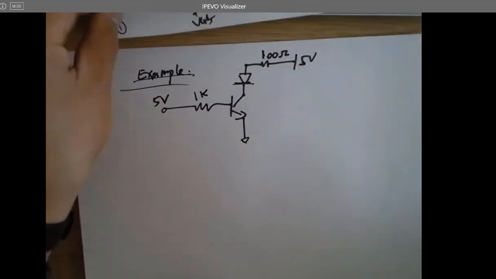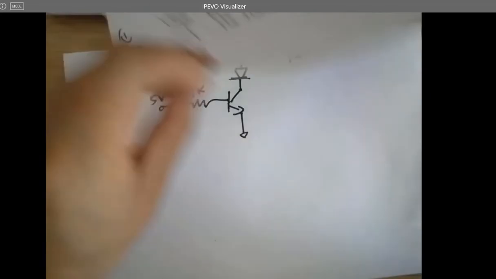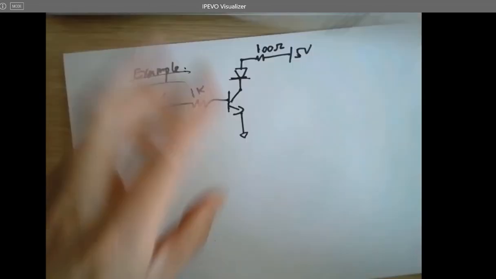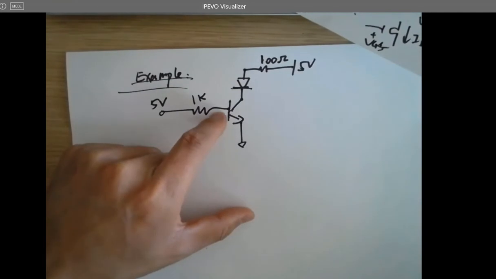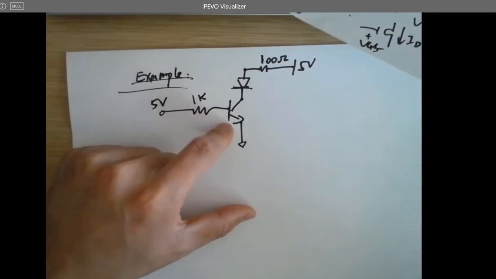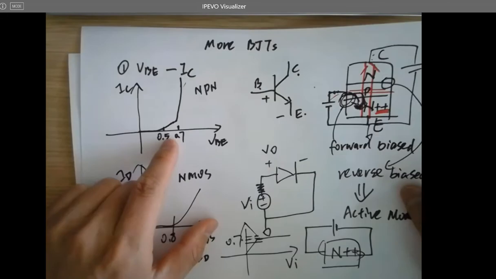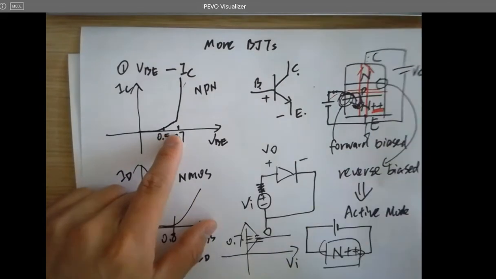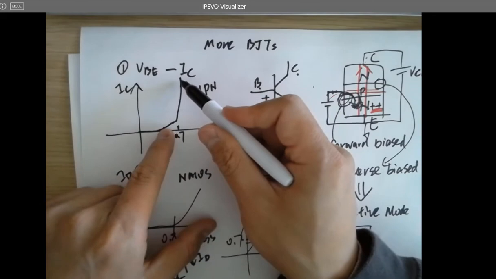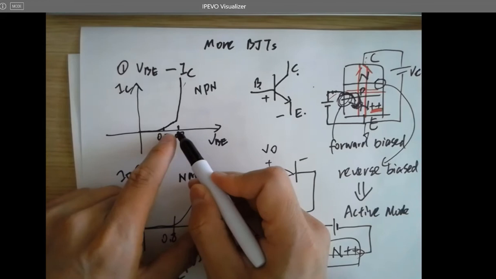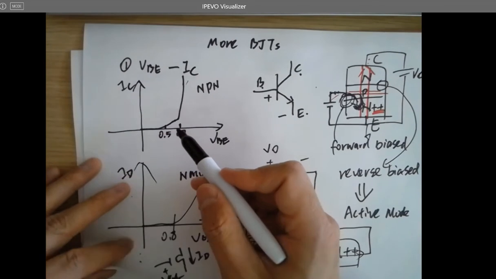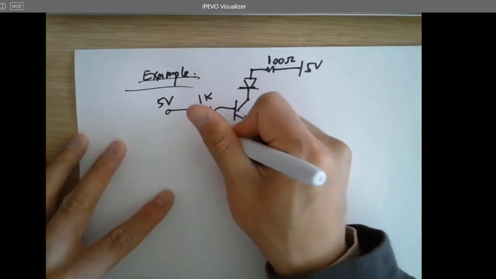So by looking at the curve, for a problem like this, we really do not care about the tiny variation of VBE. As long as it's being turned on, even though there's a huge difference in the current, the voltage is just very close to 0.6, 0.7 volts. Let's just use 0.7 volts.